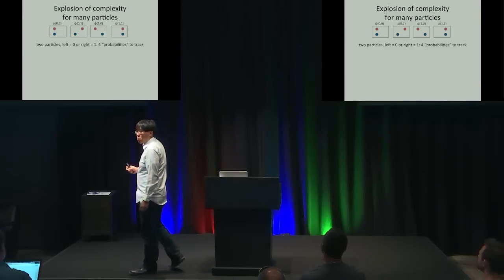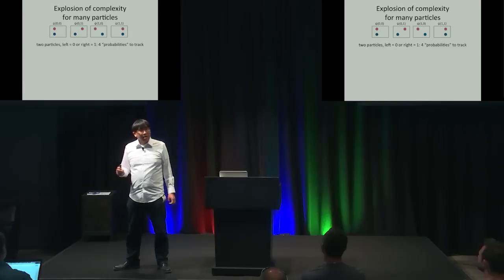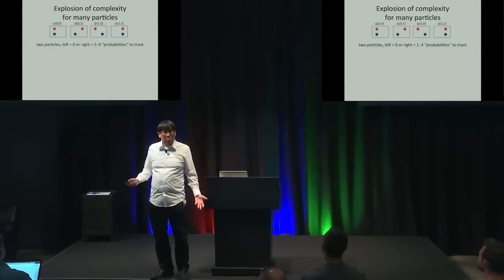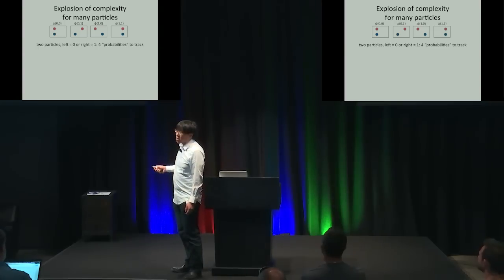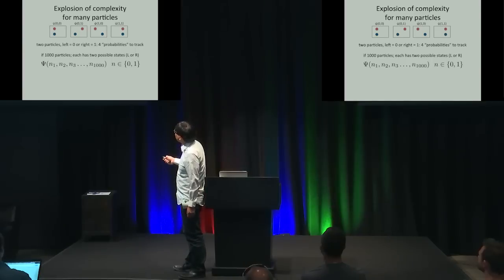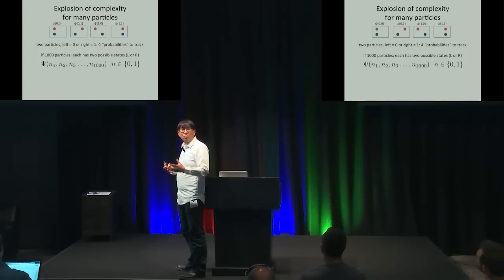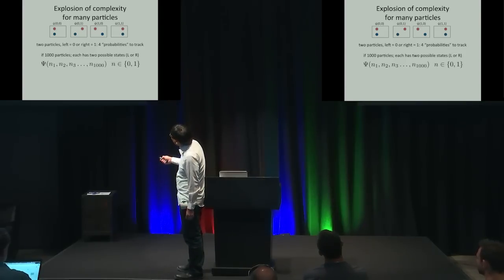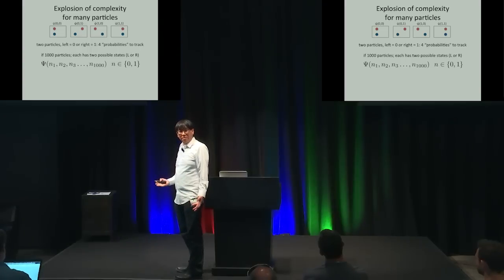Now, it's not hard to see that if I now go from two particles to many, many more particles, let's say 1,000 particles, you'd have to keep track of many, many more probabilities. So in particular, if I had 1,000 particles, and each particle could be either on the left or the right, and I had to keep track of all these possible configurations that can be mixed together in the quantum state, then I'd have to write this wave function that is a function of a binary string of numbers where you have 1,000 zeros or ones, and that's an enormous set of numbers.